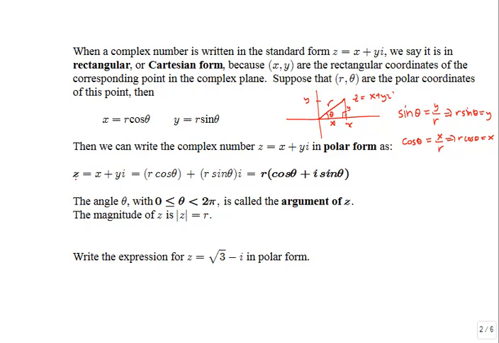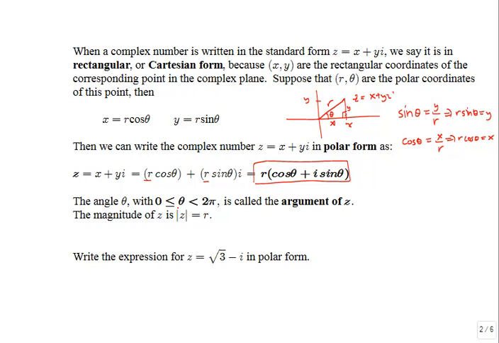So if we take z equals x plus yi and substitute in what x is in its polar form and what y is in its polar form, we get r cosine theta plus r sine theta times i. And if I factor the r out of both of these terms, we usually like to write it this way with that r pulled out front. The angle theta is called the argument of z, and there is a restriction here.